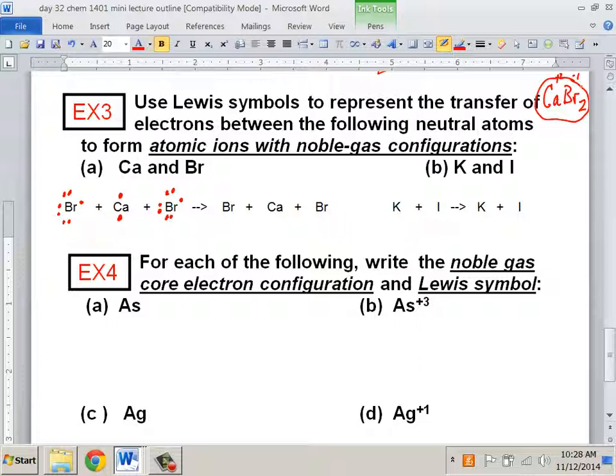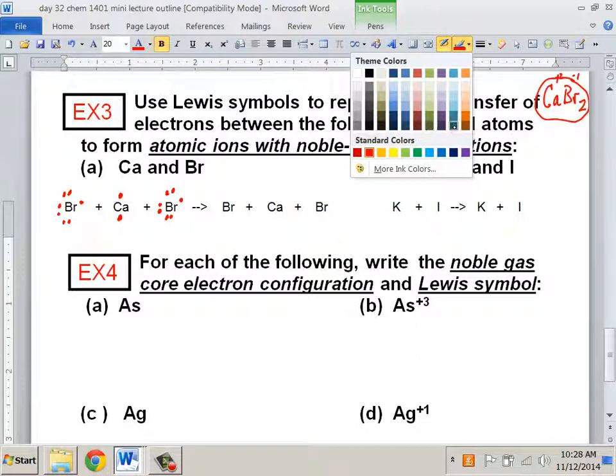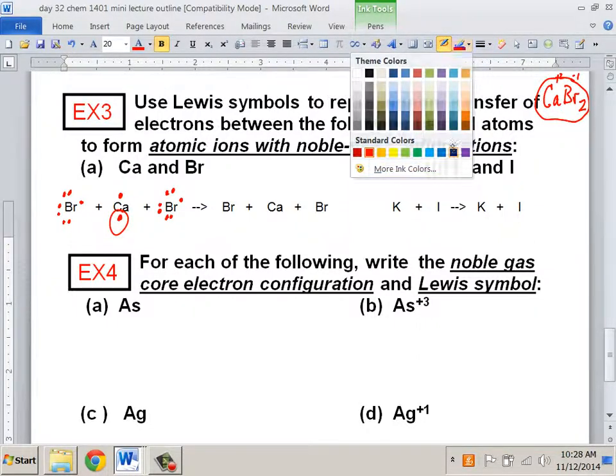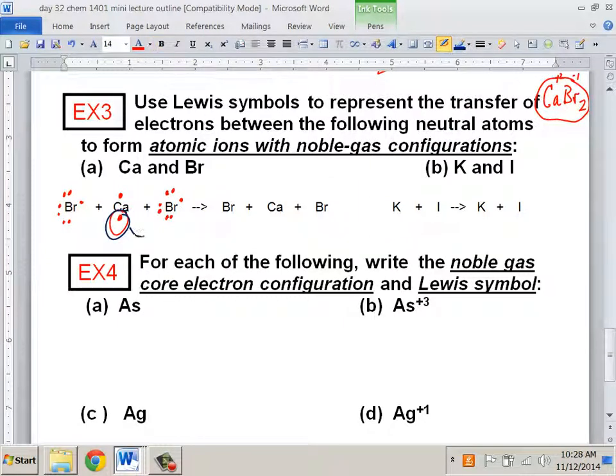We just want to show the reaction here. However you want to show this, you can draw little arrows or something. Change color here. All right.